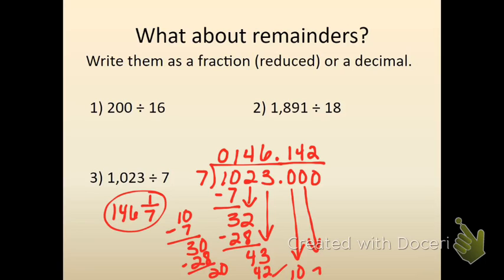That will tell us whether this is going to stay a 4 or become a 5. So since it's less than 5, this is going to stay a 4. So when we round it, our answer will be 146.14. And that's approximate, so it's not an exact answer. Okay, so depending on what they're asking for, you need to know how to do the fraction and the decimal.